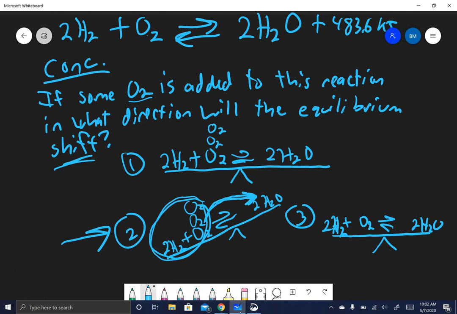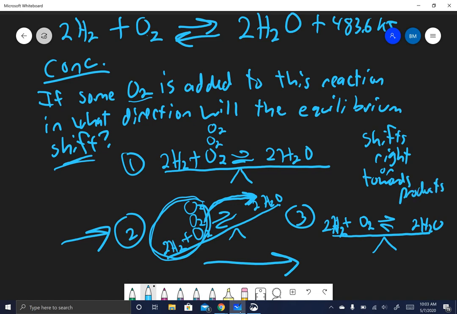The answer to this question is shifting to the right. Some of the reactants must react and move, essentially move to the product side, make more products. Now we are back to being balanced. So the answer to this question is it shifts right, or we could say shifts towards products.